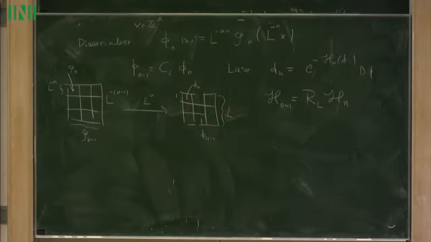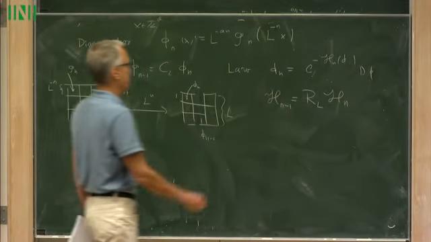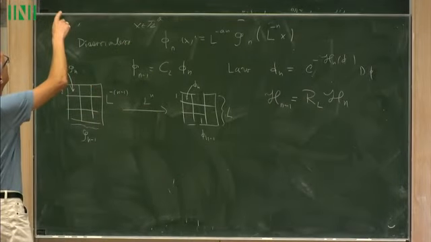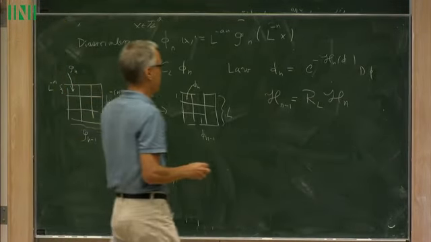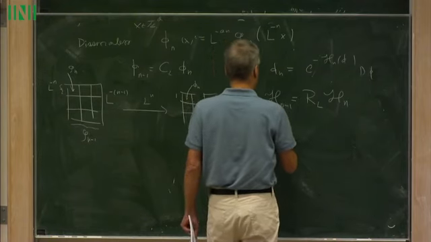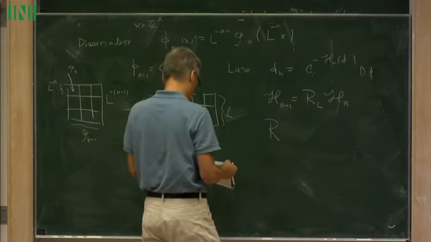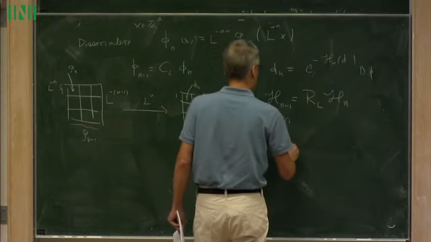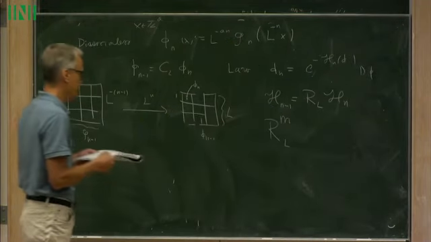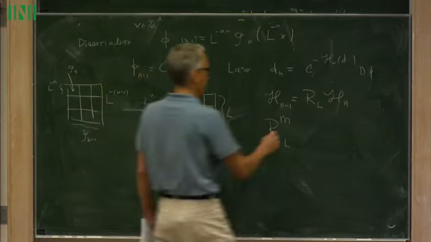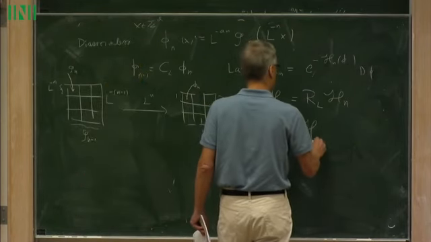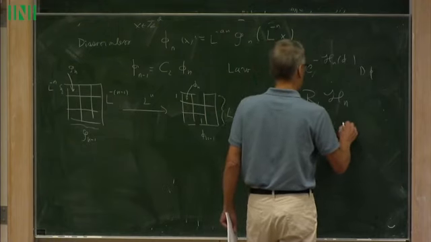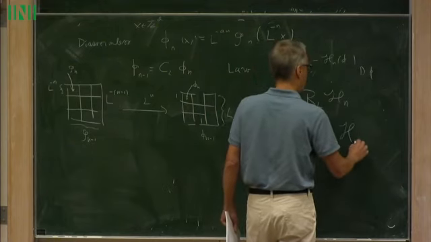Okay? So the summary of this discussion is that given a quantum field theory, you can look at it at different scales, you get these effective actions, and once you look at them in the dimensionless variables, they are related by this renormalization group transformation in the following way. If you renormalize m times something which describes you at scale L to the minus n, you get the thing which is on scale L to the minus n plus m.